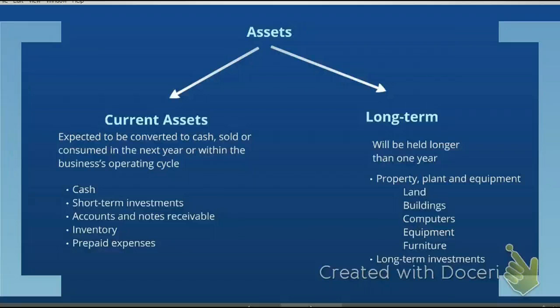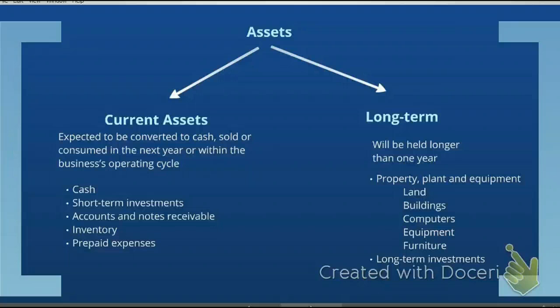So in order for you to get the apartment, you had to pay $3,000 up front. Let's say you did that on the 1st of January. Now you have prepaid 6 months of your rent. Companies do the same thing. If a company pays in advance for rent, advertising, or insurance, that would be shown as a current asset as prepaid expenses.